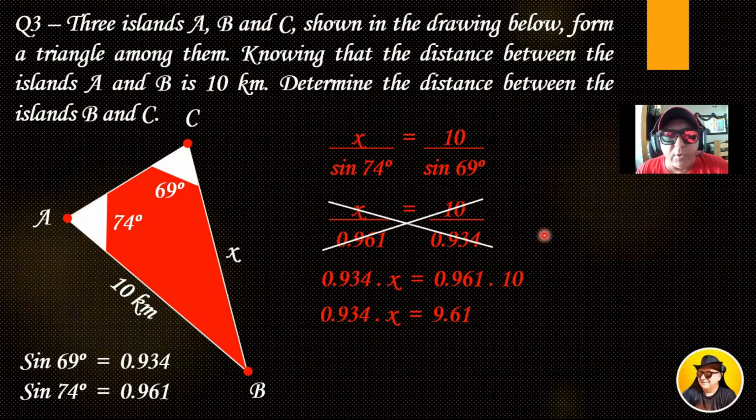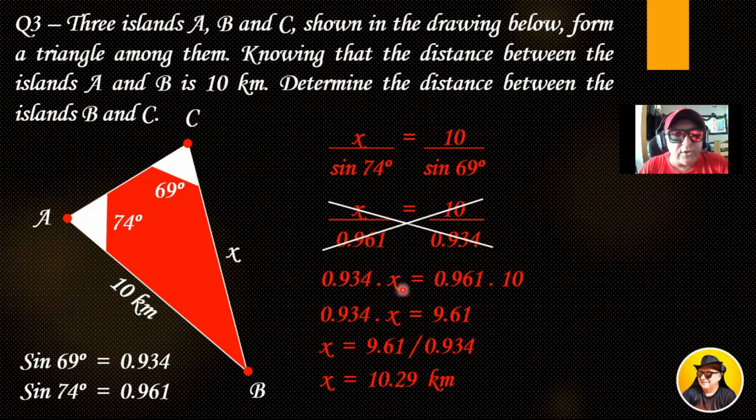And now 0.934 is going to be moved to the right side of the equation dividing. And now I have that x is 90.61 divided by 0.934. Doing this division, I have that x is 10.29 kilometers. So the distance between islands B and C is 10.29 kilometers.